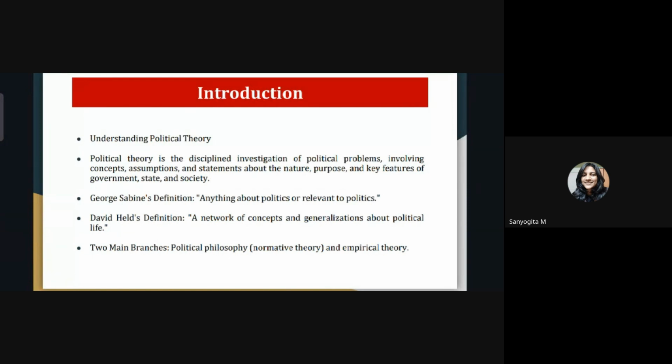Liberty, for instance, is also one of the concepts in political theory. According to one person, liberty is something where there are no restrictions, right? And that is correct also, you cannot deny this. When you do not have restrictions over you, you are free, you have liberty.